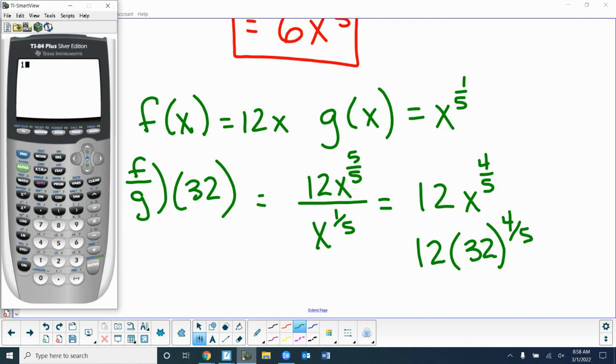We got 12, parenthesis, 32, close it up, caret, and then again, your fraction, for me, I have to put it in parentheses. Some of you, it puts it right up in the exponent area for you. You don't need the parentheses, but I do. So if yours is like mine, you need to do your parentheses. Then you get 192.